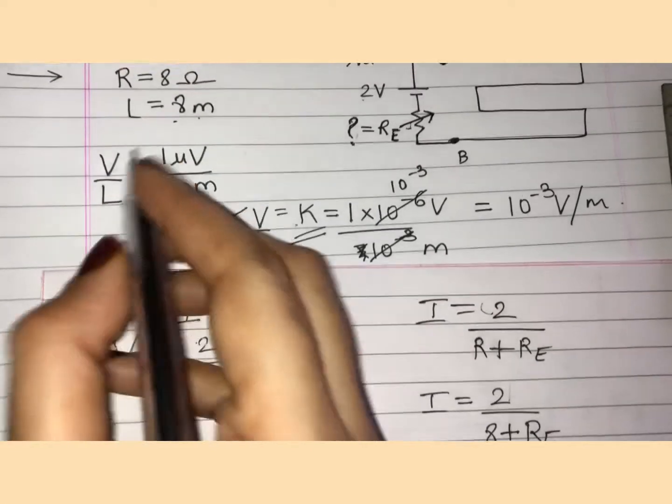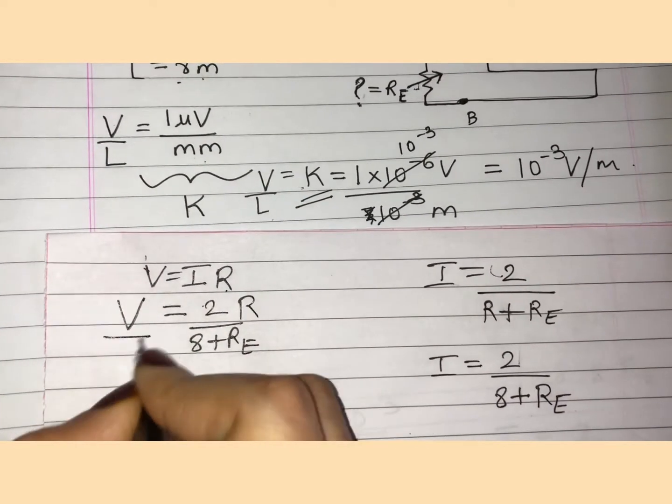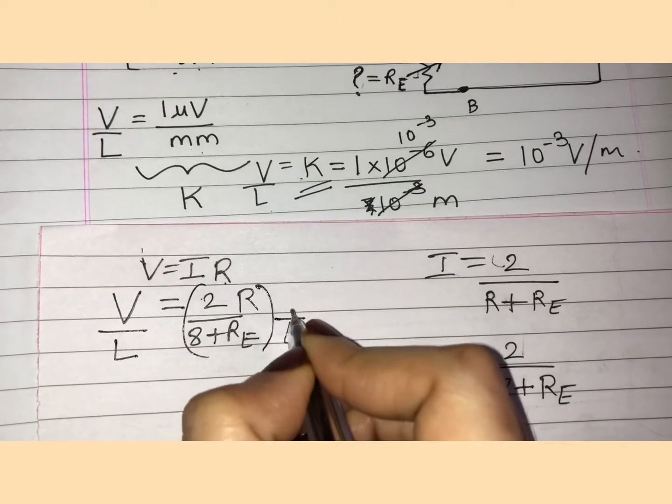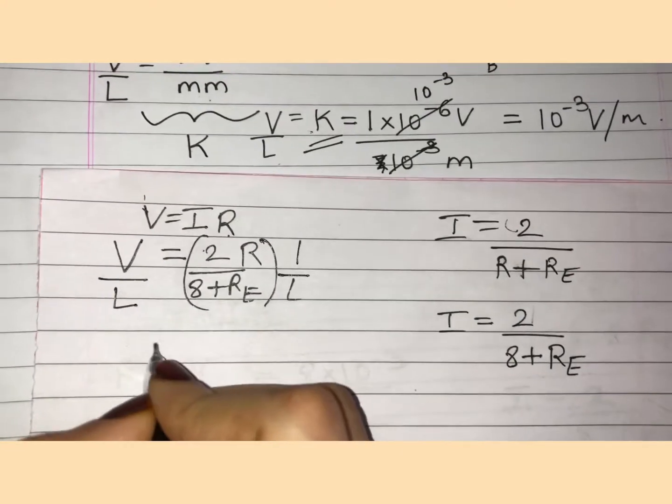Now what we need is potential difference per unit length. So if I write length in the denominator, I will also have to write length in the denominator on the right hand side.